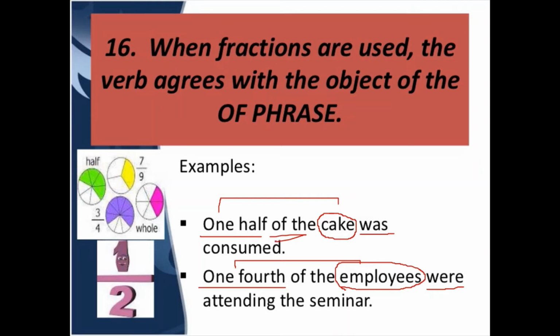Cake is a singular noun. That's why the verb used in the sentence is "was." And in the second example, the object of the "of" phrase is employees. Employees is a plural noun. So that's why the verb is "were." So that is for number 16.